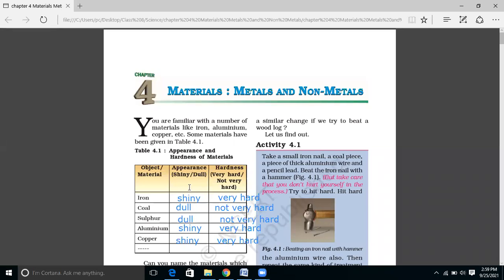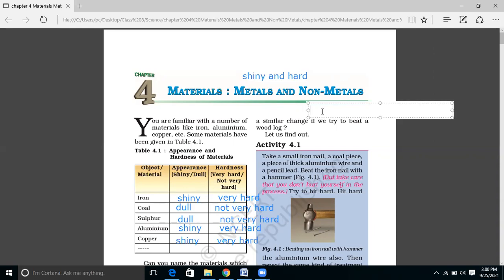So these substances we can say are metals, which are shiny and hard.